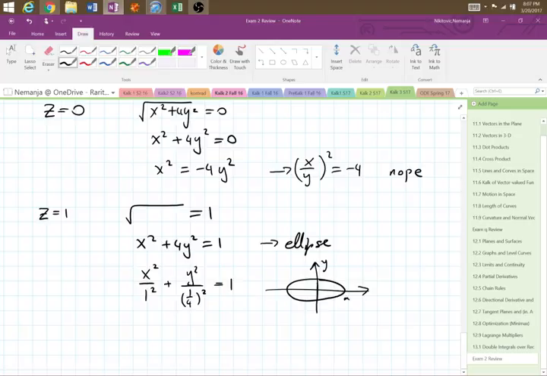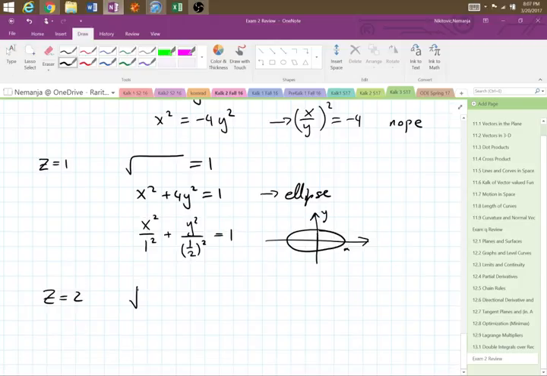Then you go z equals 2, and you do the same thing. Oh yeah, 1/2, you're right. 1/2. So z equals 2. We have x squared plus 4y squared is equal to 2. Now, we must have equal to 1 for an ellipse and hyperbola.